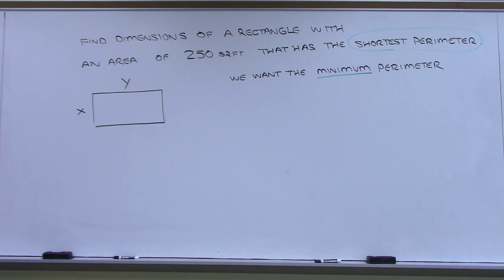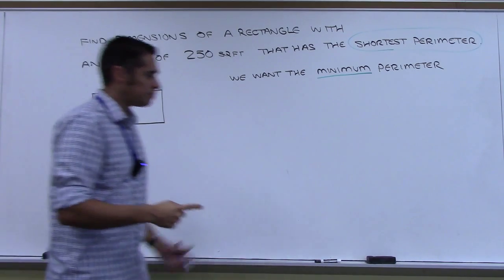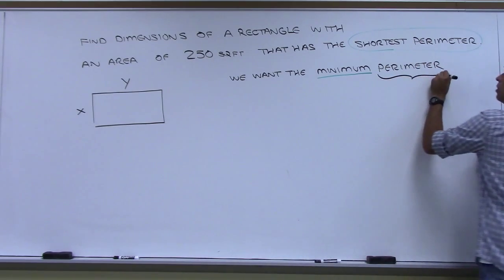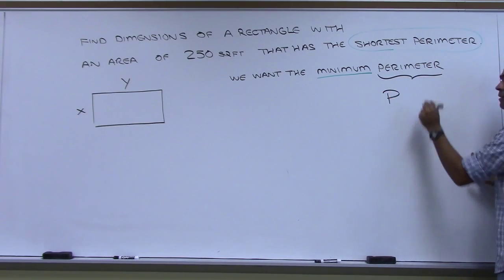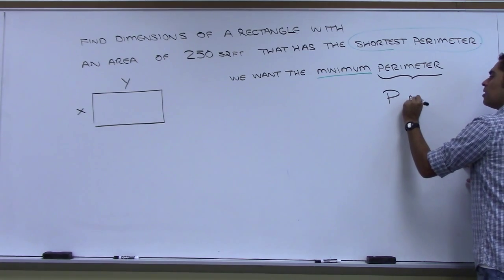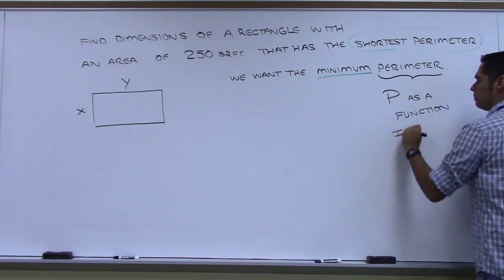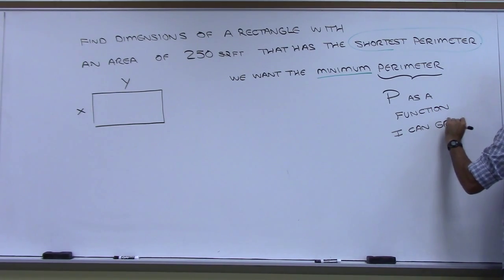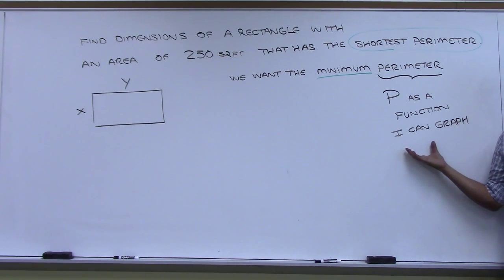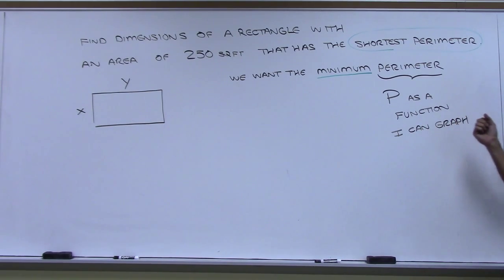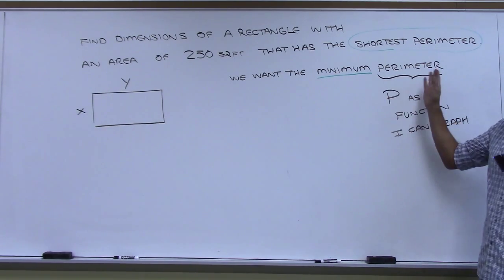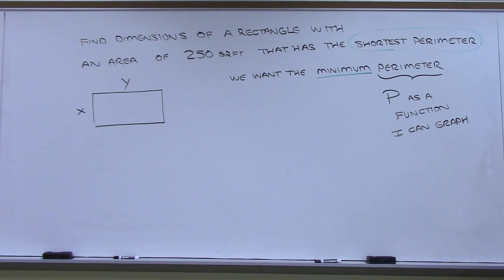I want the minimum perimeter, which means I need to somehow come up with the perimeter, this P, as a function I can graph. If I can graph it, then I can find its lowest point, can't I? Yes? I should be able to find minimums. So since this is what we want to find the minimum of, I'm going to come up with an equation that represents the perimeter.